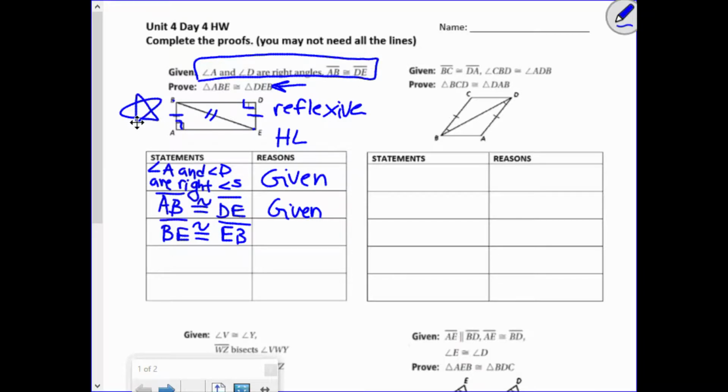Now you may be asking yourself, how am I supposed to know whether to write it in the same order or in reverse order? Well, it's a really good way that you can check, and it's by looking up here. If you notice, in the name of the triangle it was ABE, where the B was first, and then in the second triangle it's DEB, where the E is first.